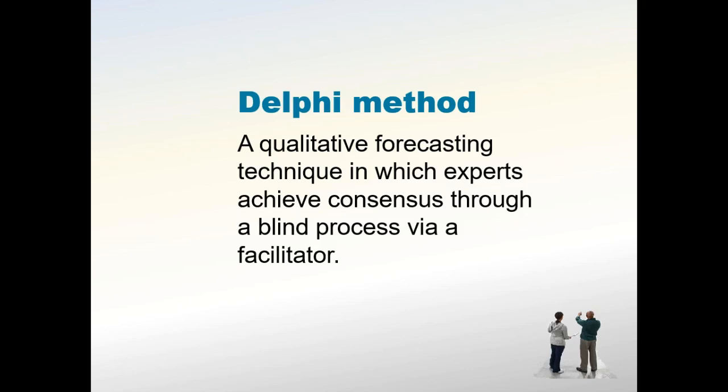After the participants have read this report, the facilitator asks the question again, gathers a second set of responses, creates a second report, and distributes that report back to the Delphi group members. Because participants are encouraged to revise their answers after reading each report, this process repeats until consensus is achieved.